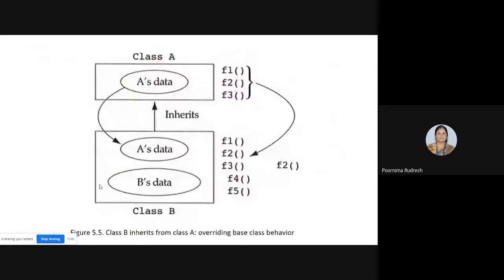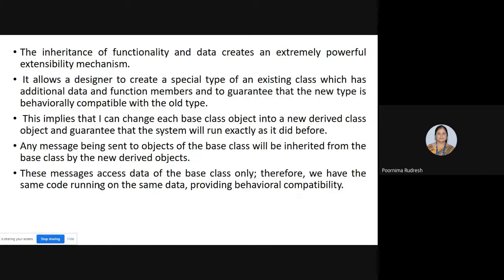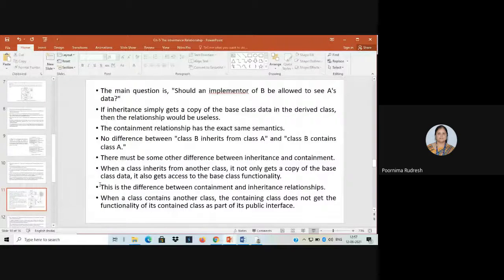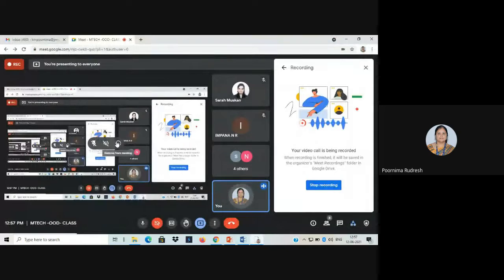Understood? So in the next class, we are going to study about overriding the base class methods in a derived class. So any doubt in inheritance? Yes, you have studied so many topics in inheritance that may lead to confusion once again. So you have to study it so that you can clearly understand the inheritance property.